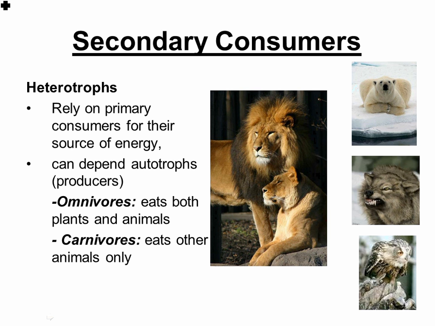So we've got to differentiate. Really, the herbivores and the omnivores and the carnivores are all heterotrophs, right? They all are eating others for food. It's just the herbivores, they're a primary consumer. They just eat plants. Okay?